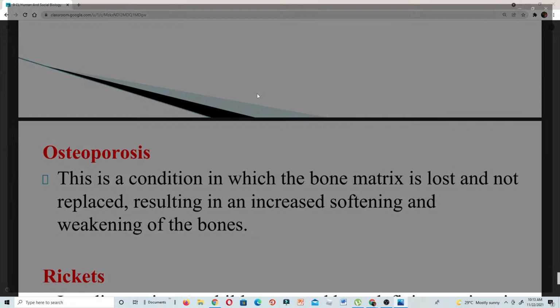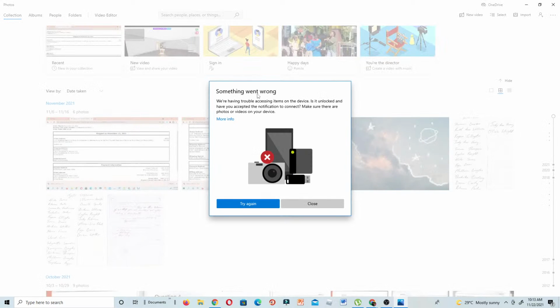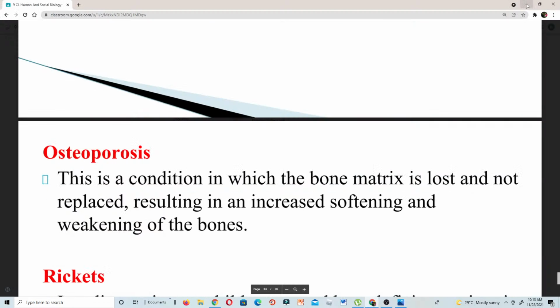So if we're not getting the right amount of nutrients, for example calcium, then we will suffer from this disease. So in a nutshell, osteoporosis is basically whenever we're not eating properly and the bones get softer than normal.